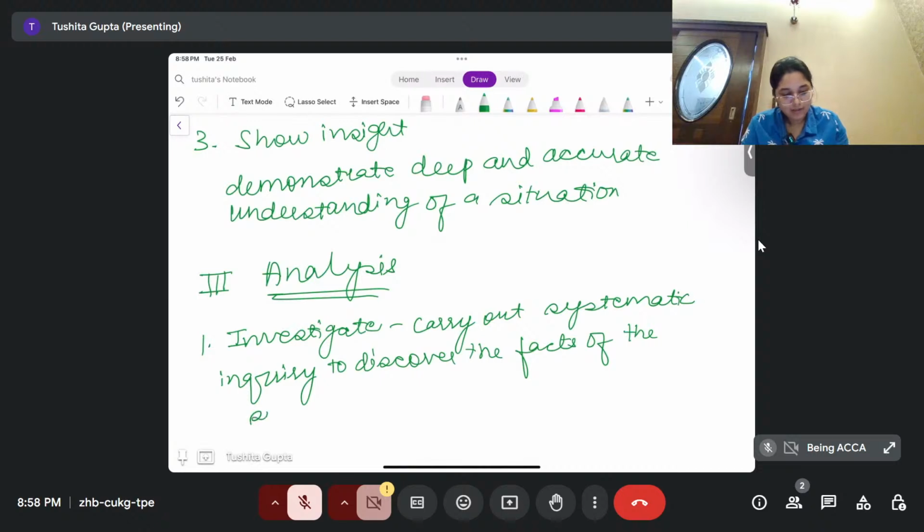So in the SBL sense, you people will not actually be able to play the role of Sherlock Holmes and actually go on the field to discover or inquire about certain things. But how will you frame this into SBL is, if there is information given to you about a certain project and there are a few puzzle pieces which you think are missing, some important information which is going to affect the decision is missing from the scenario, you are going to ask for that information in your answer.